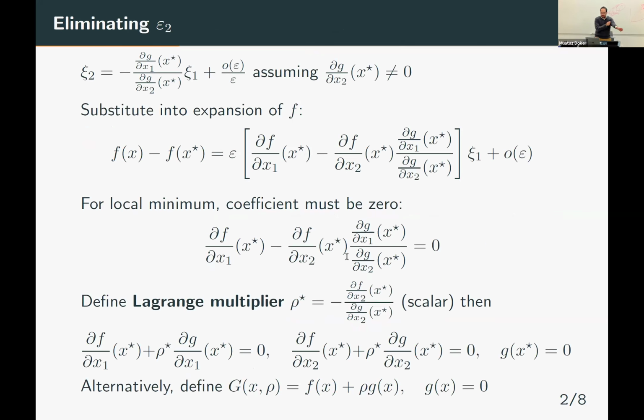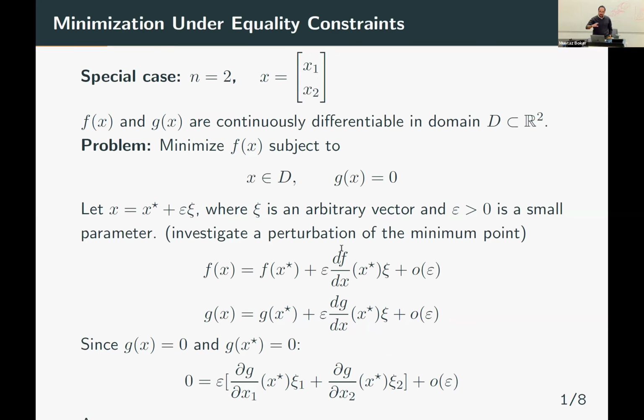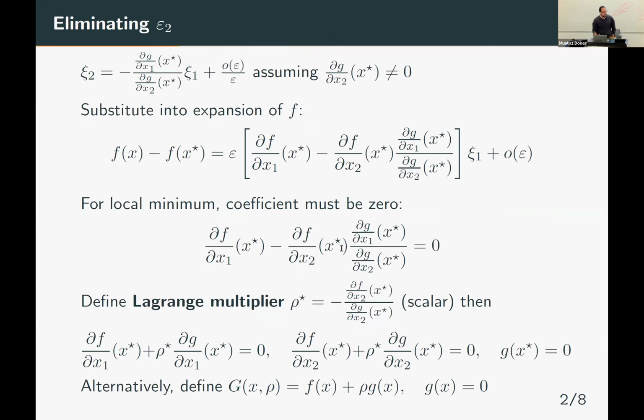What we did is perturb the local minimum, express the functions in Taylor series expansion, do some massaging and manipulation, and because x star is a local minimum, we end up with this condition here.